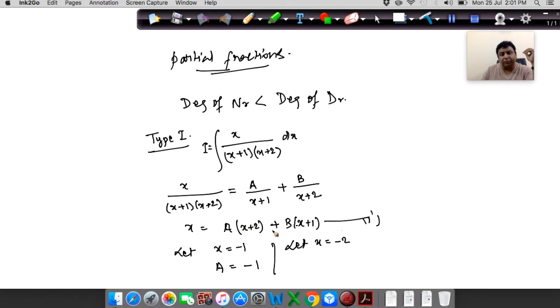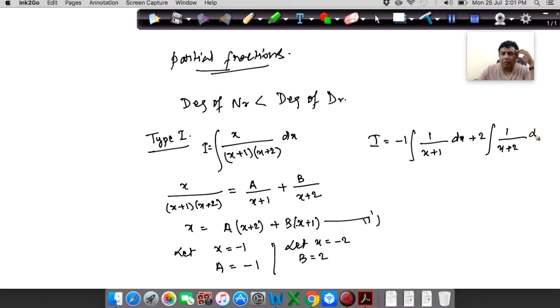Then this goes and we get minus b equals minus 2, that is b is equal to 2. Now knowing a and b, we put it back here, and instead of integrating this thing, we integrate these individually. So this will become a, which was minus 1, 1 upon x plus 1 dx, and b, which is 2, 1 upon x plus 2 dx.